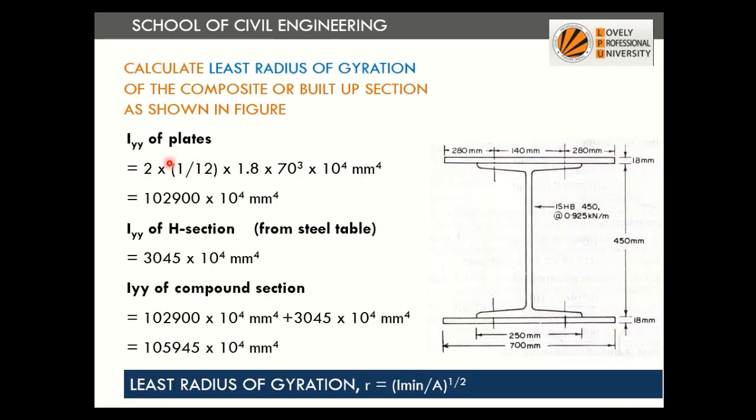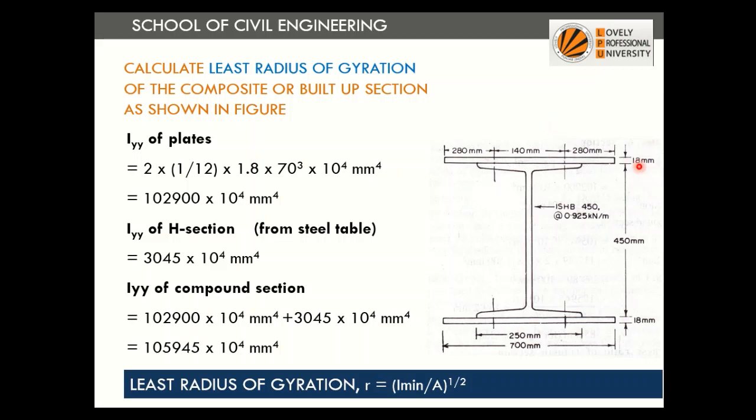Now we'll calculate IY. We can see that the plates are rectangular. So what is the value of the moment of inertia of a rectangular plate? It is BD cube by 12. B is the width, the dimension parallel to the axis. What is the axis in this case? The axis is the y axis. So what will be the dimension parallel to the y axis?